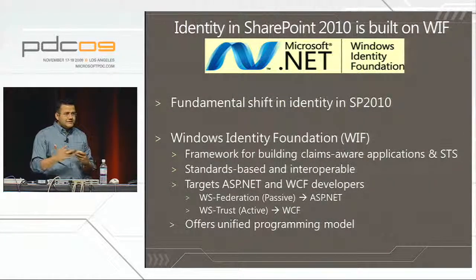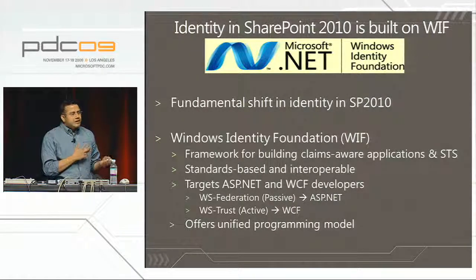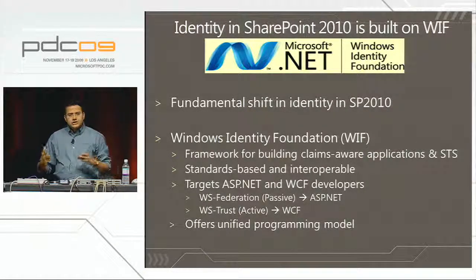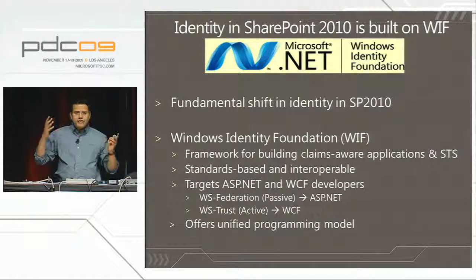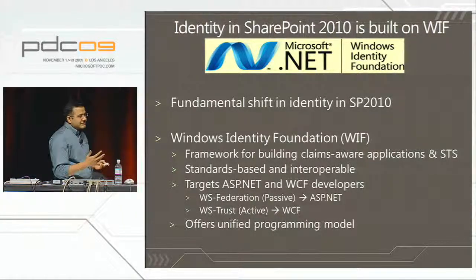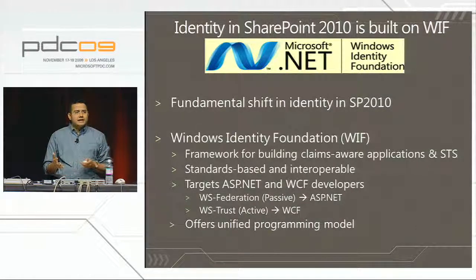And also, as I said earlier, this is mainly all standards-based and is also interoperable, so that you will now be able to extend your applications to all the other third-party applications that you never thought you could so easily extend. The third major point is that it targets both ASP.NET and WCF developers.